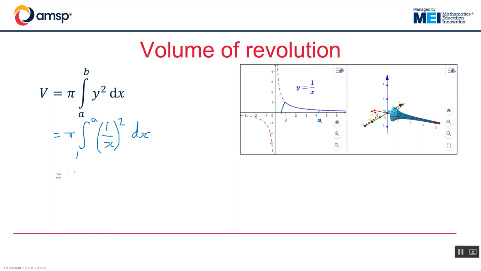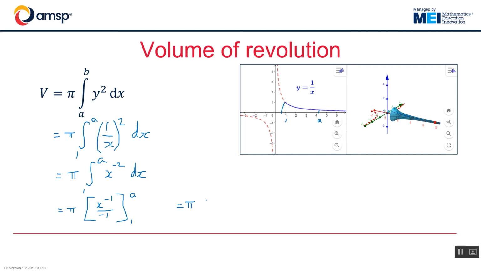This is pi lots of the integral from 1 to A of x to the negative 2 dx, which is pi lots of x to the negative 1 over negative 1 evaluated between 1 and A. And this whole thing then will equal pi.